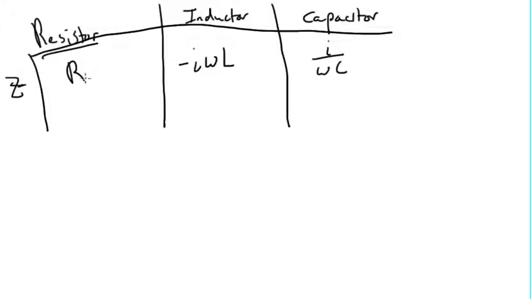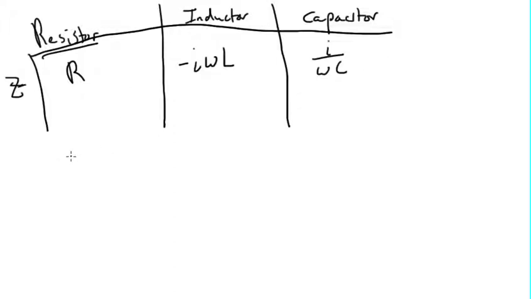So a resistor only has a real part. If you have an impedance that's only imaginary and only negative, then it behaves like an inductor. Say you have an impedance that is only imaginary and only positive, then it behaves like a capacitor.